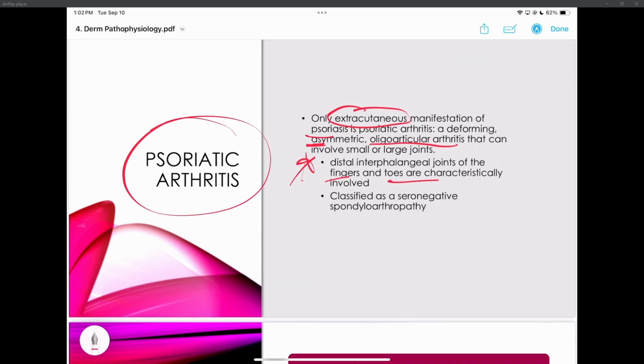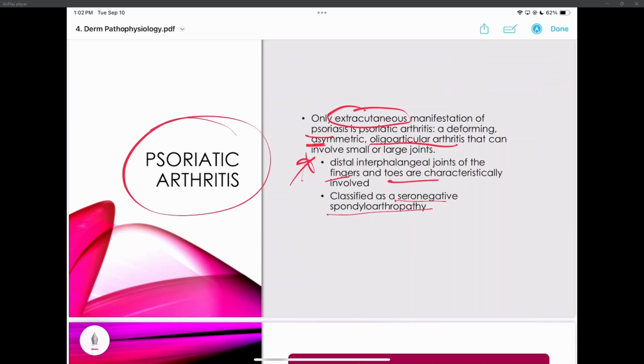Also known, psoriatic arthritis is a seronegative spondyloarthropathy. What does seronegative mean? So when you guys get to rheumatology next year with Dr. Ovalle, you're going to go over these types of things as well.